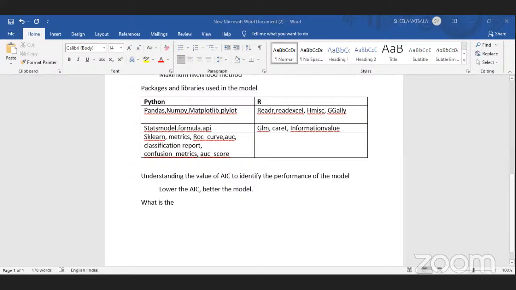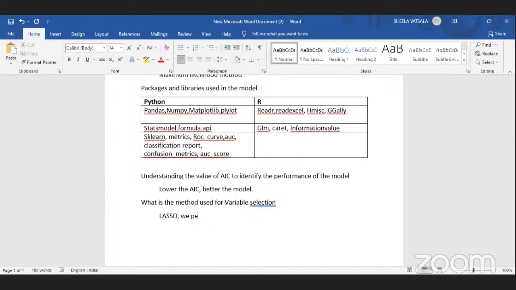We have heard about ridge also, but ridge is not used for variable selection, but lasso is used for variable selection. Answer is lasso.